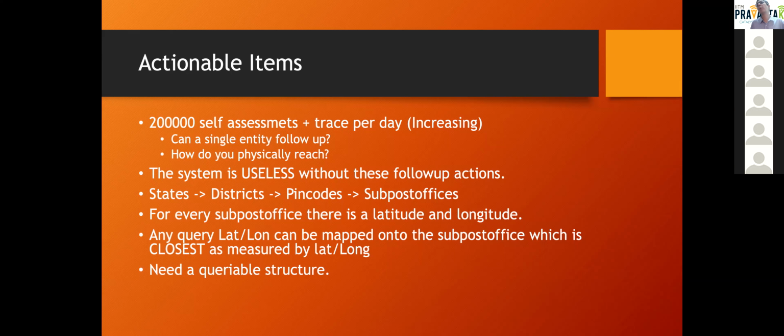And this is very, very important. And that is the real crux of trying to build this whole thing, right? So with this latitude and longitude, we were able to point out which sub-post office this person belongs to. So now what we provide to the health department, health workers is the sub-post office.